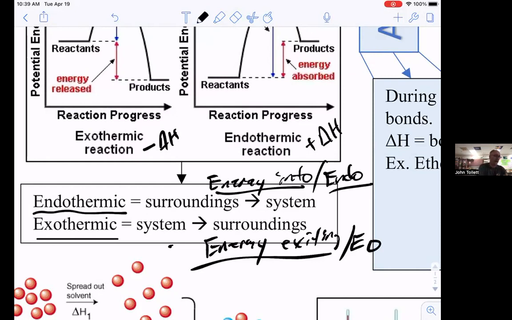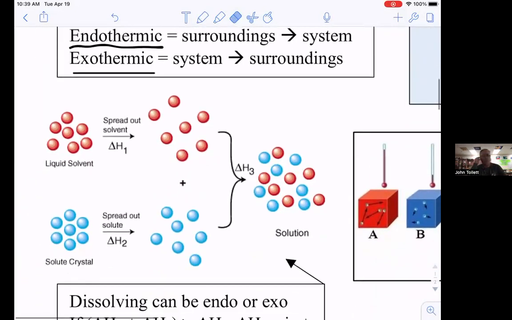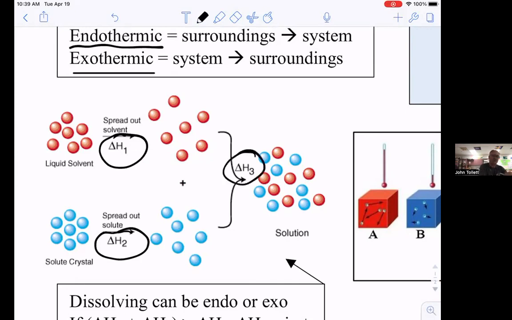If we go down here to the bottom, we're going to talk about all the different ways to calculate delta H in a little bit. Here we've got a heat of solution. You've got a certain delta H value that is a certain amount of energy required to separate the pieces of the solvent, and a certain amount of energy required to separate the solute. Once they're separated, those two would come together to give you a heat of solution.